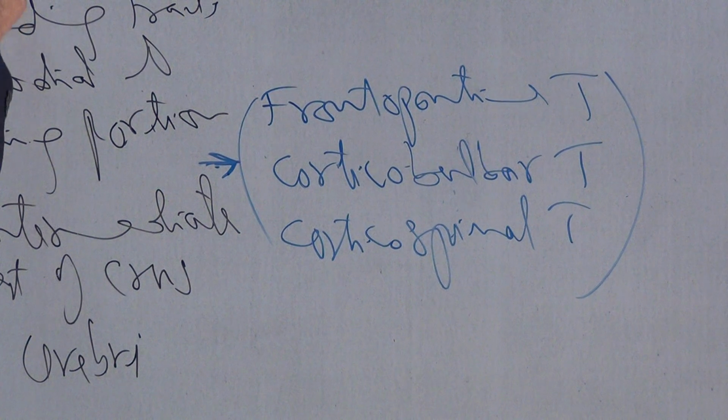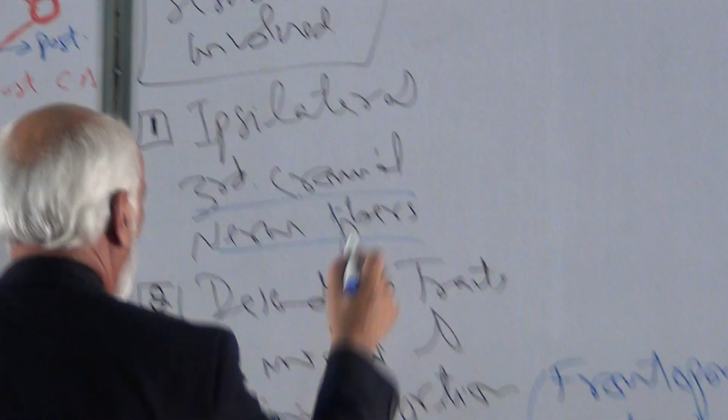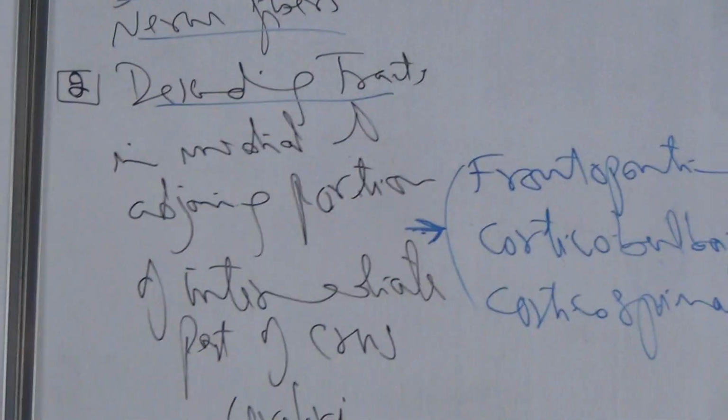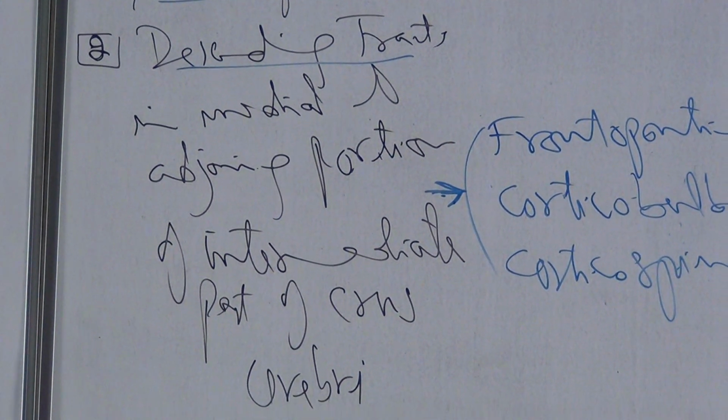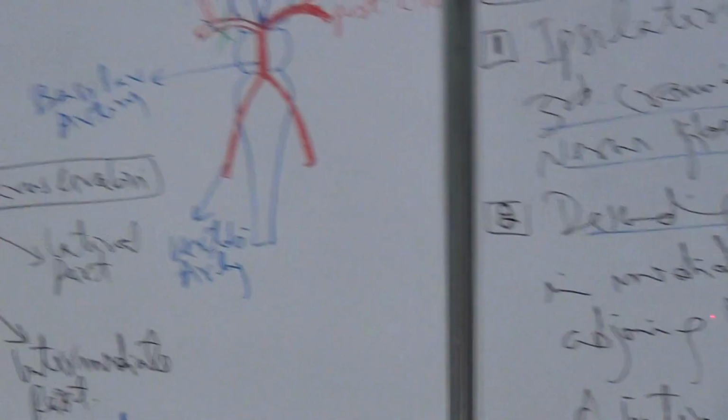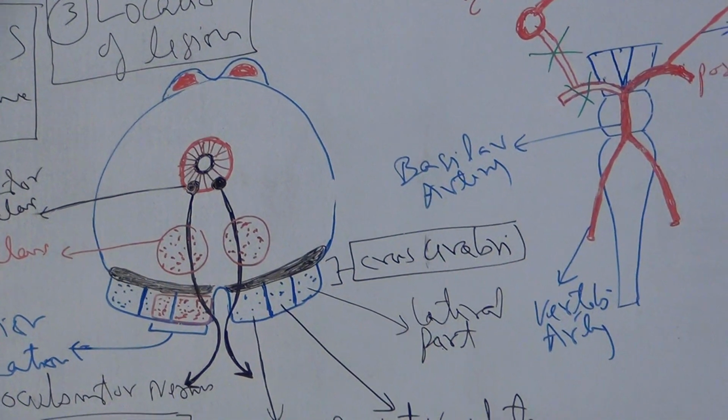So here the third cranial nerve fibers will be involved, and here the descending tracts, that is the frontopontine tracts, the corticobulbar tracts, and the corticospinal tracts, will be involved in this lesion.